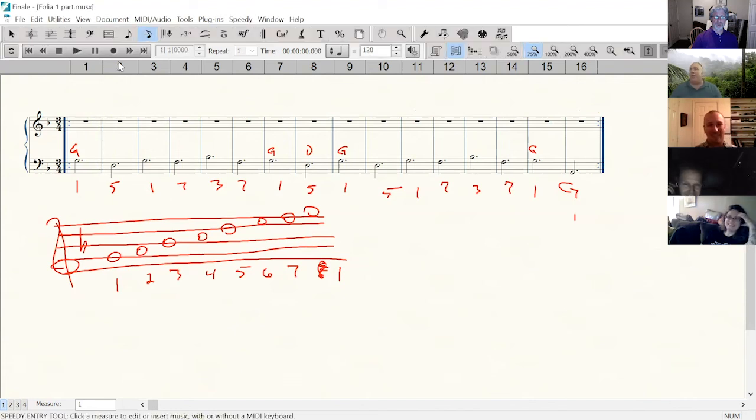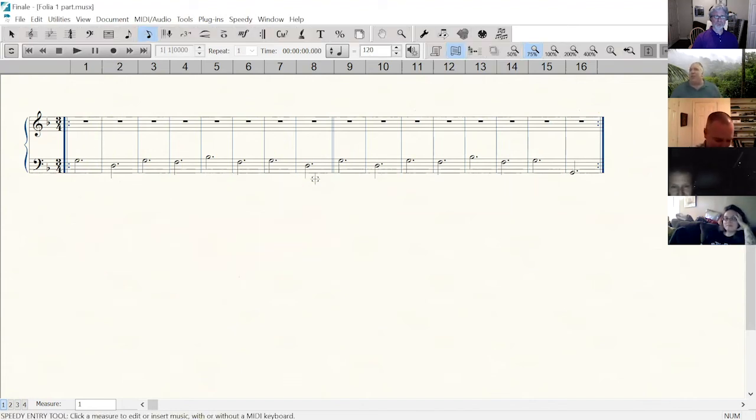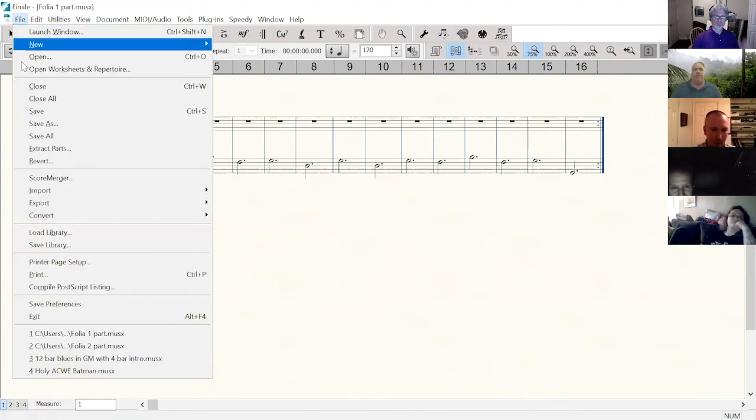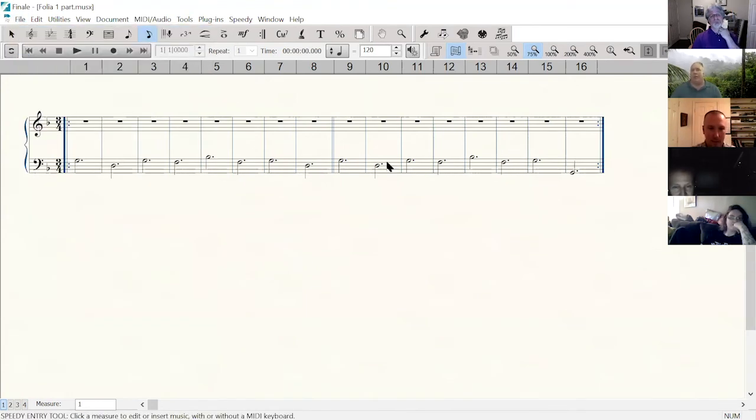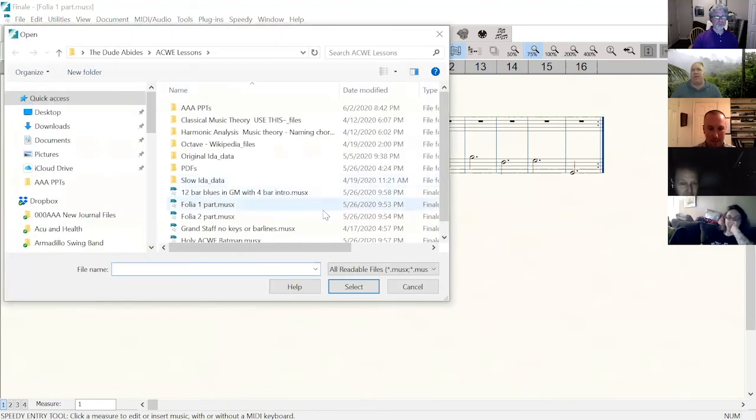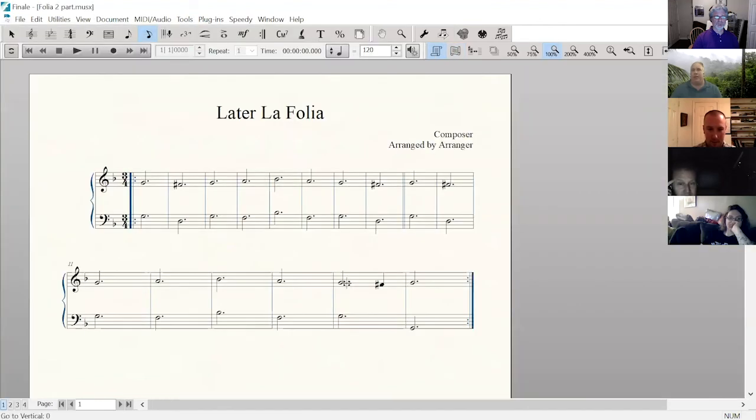All right, so what I want to do is show you what early polyphony did. So let me show you what it looks like when they just added one little note to it. Oh, come on.